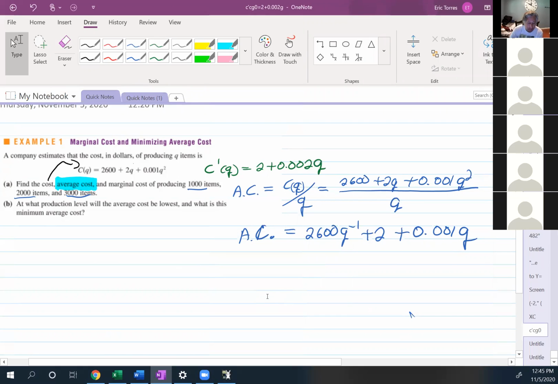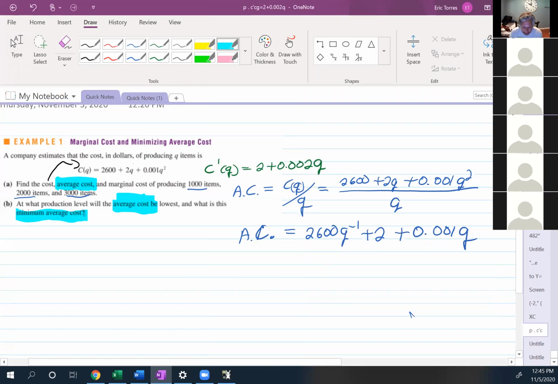My second part of the question is, at what production level will the average cost be the lowest? Average cost, that's important. So I'm focusing on my average cost function, and I want to minimize it. Anytime you're asked to minimize a function, that's the key here, optimization.